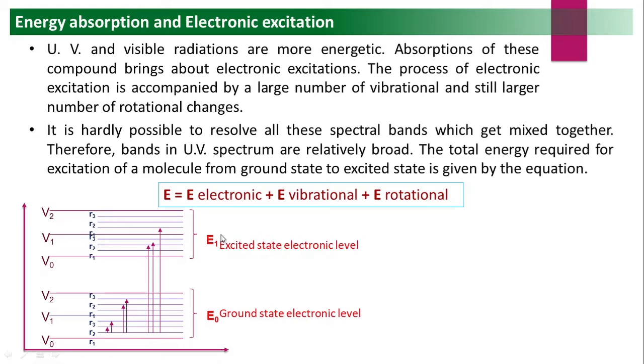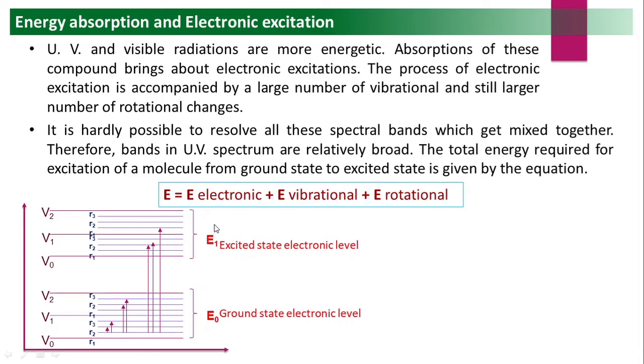See here, this is the ground state electronic level and this is the excited state electronic level. Electrons are excited from the ground state to the excited state, but simultaneously rotational excitations are also possible. Each electronic level contains many vibrational levels and each vibrational level contains many rotational levels.